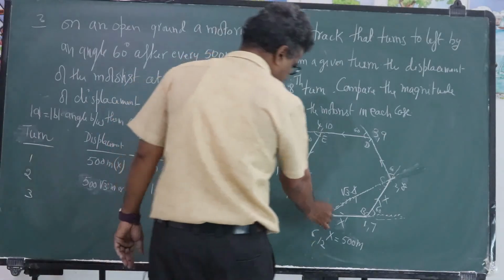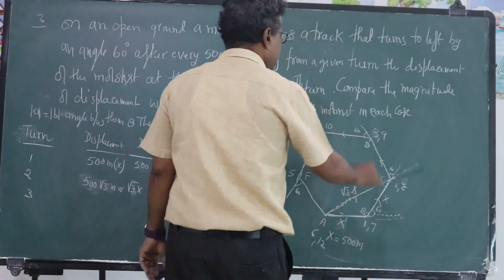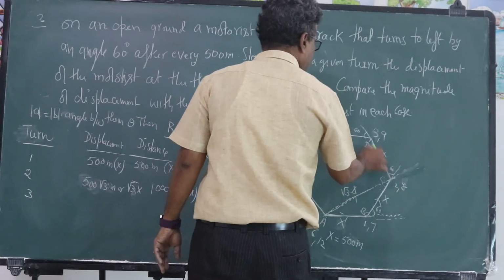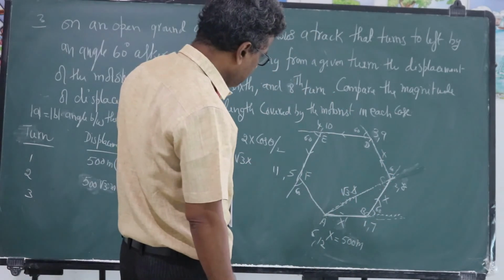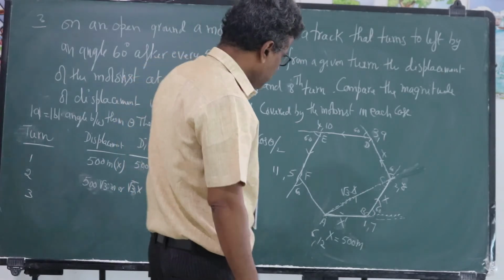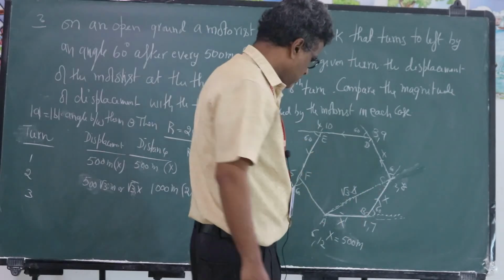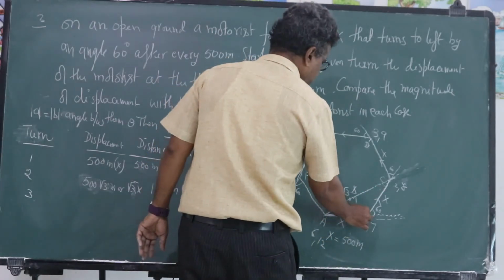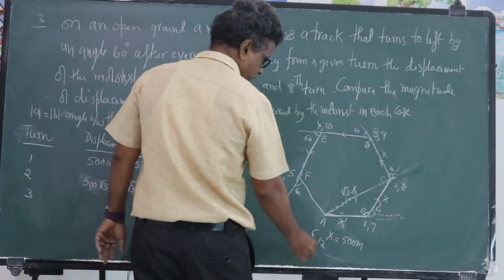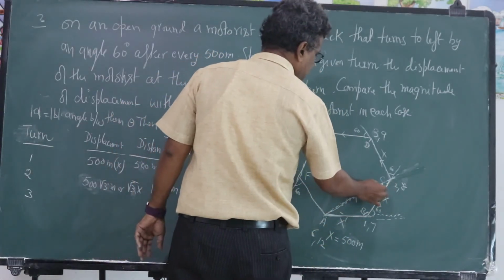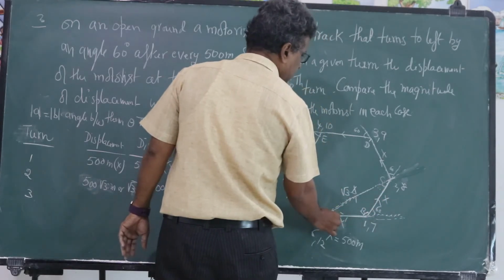We have to add this resultant to this x. How can we add these two? You have to find the angle between these two. Here it is 120. This angle is 120, so this angle is 30. This one is 30.